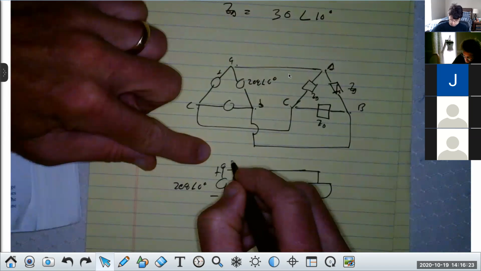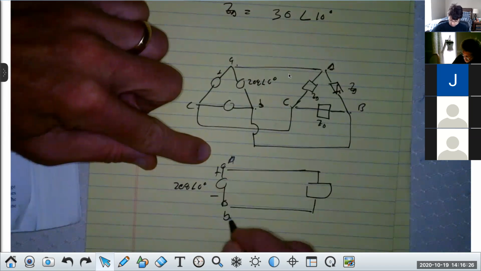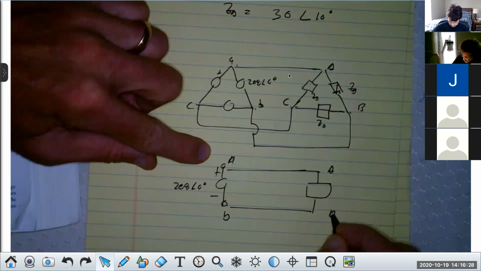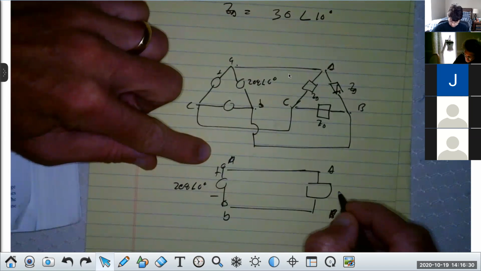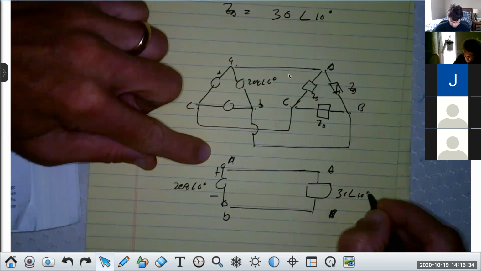That's small a, small b, that's capital A, capital B. And this is Z delta, and this is 30 at an angle of 10 degrees. Do y'all follow me?